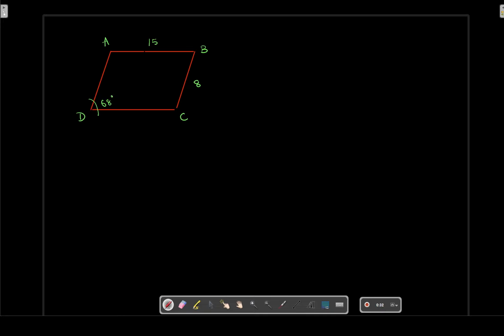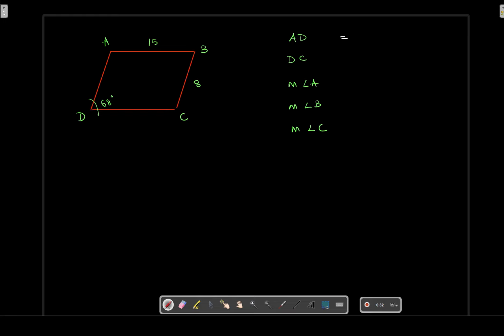We have to find out the measure of AD, DC, measure of angle A, measure of angle B, and measure of angle C. So pause the video and try to find out these measurements.